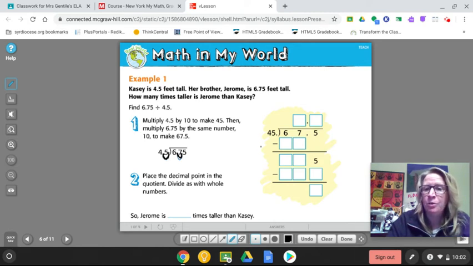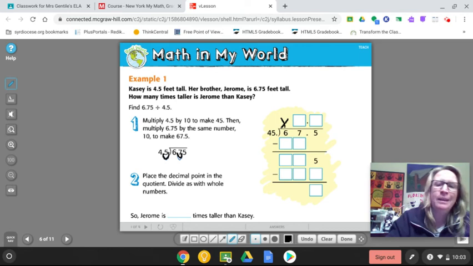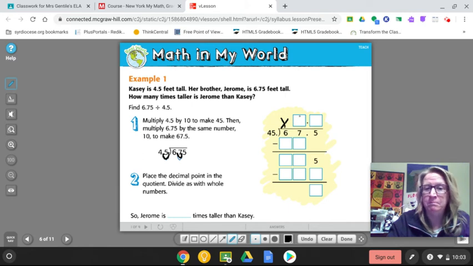Okay, so can 45 go into 6? It cannot. So they didn't put an X there, but I'm going to, so I don't mistakenly place my first digit in the wrong spot. So how many groups of 45 can equal 67? Well, 1. So then I'm going to do 45, because 45 times 1 equals 45. And I have 7 take away 5, which is 2.